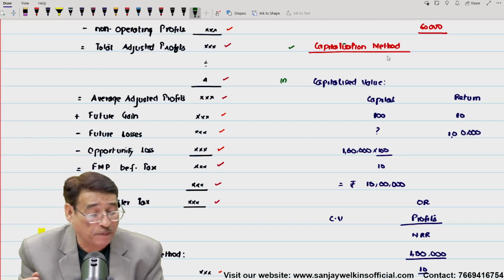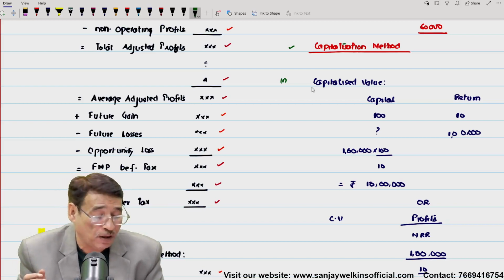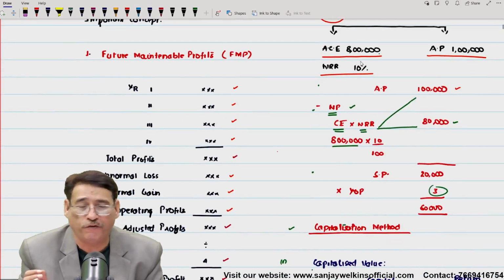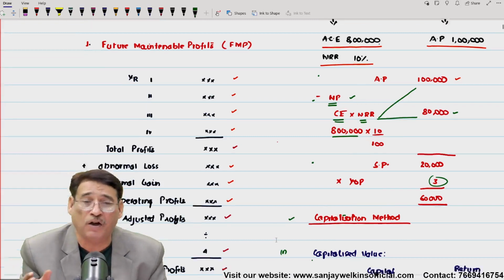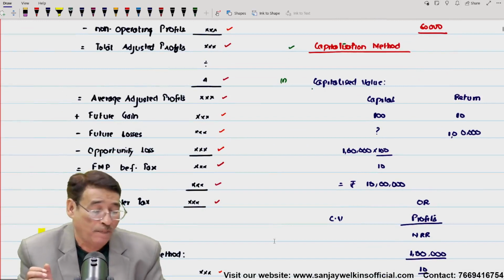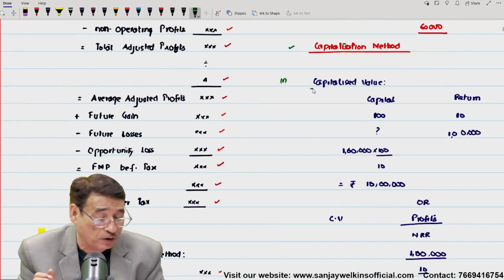So, the capitalization method. Suppose the same question which I have written over here: actual capital employed of the firm is 8 lakh, actual profit is 1 lakh, and normal rate of return is 10%. Now suppose through the capitalization method I intend to compute the amount of goodwill. First of all, I am going to compute the capitalized value.